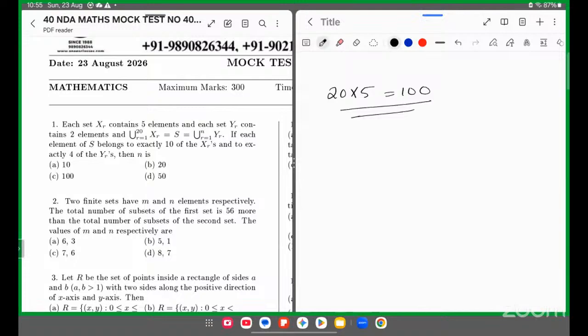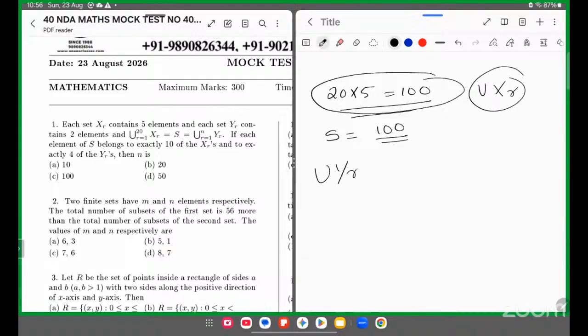So in S, how many elements will be there? You will be able to see 100 elements. Similarly, we don't know what the elements in Y are. This is for the union of XR. Then the union of YR means N such sets are there, and in each set there are 2 elements.